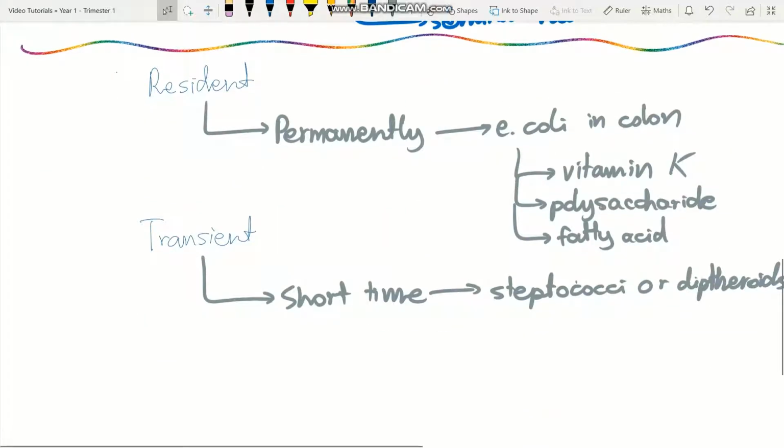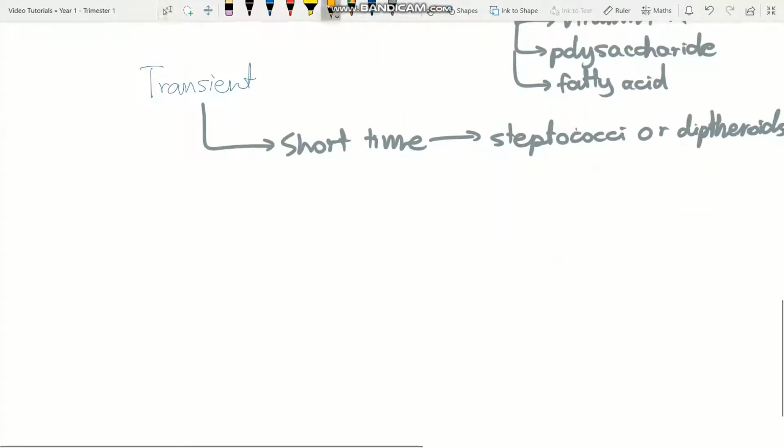Furthermore, we come to the concept of mutual antagonism. Mutual antagonism is quite an important concept in the study of microbiota, because it's essentially one of the defense mechanisms that the body has. Let's start off by explaining it with an analogy.